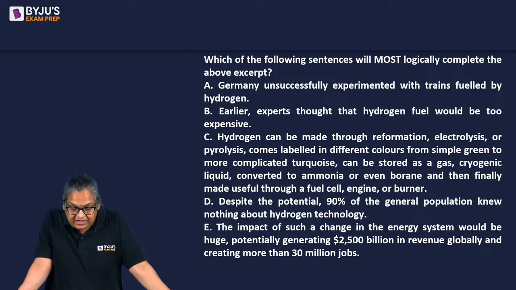It comes labeled in different colors. Despite the potential, 90% of the general population knew nothing about hydrogen technology. The impact of such a change in the energy system would be huge, potentially generating 2,500 billion in revenue globally and creating more than 30 million jobs.